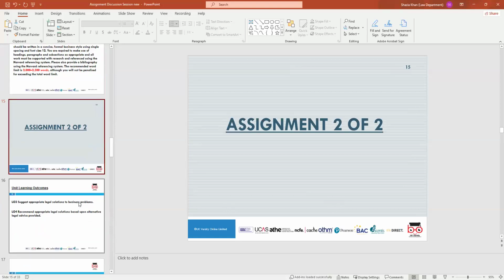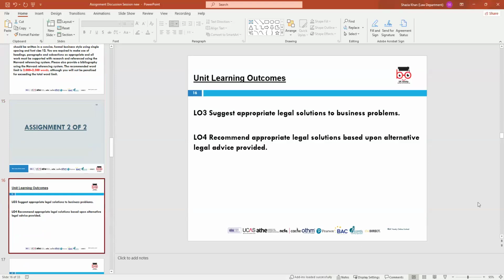Okay, assignment 2. So the learning outcomes for assignment 2: you'll be looking at learning outcome 3, which is to suggest appropriate legal solutions to business problems. And learning outcome 4 is to recommend appropriate legal solutions based upon alternative legal advice provided.